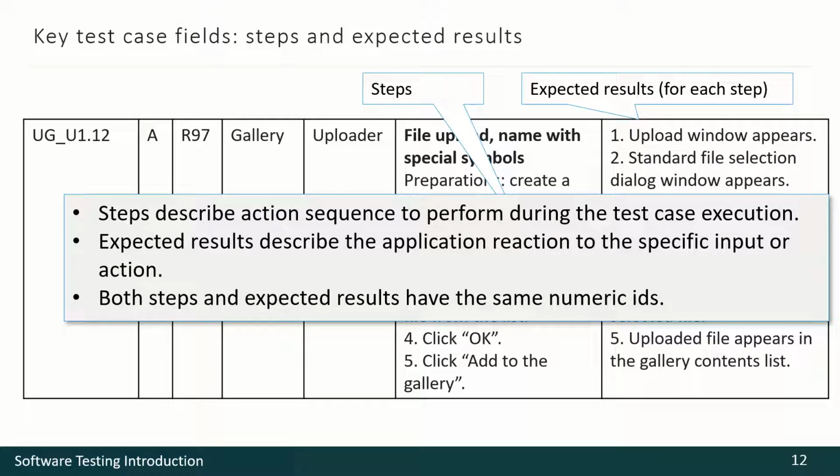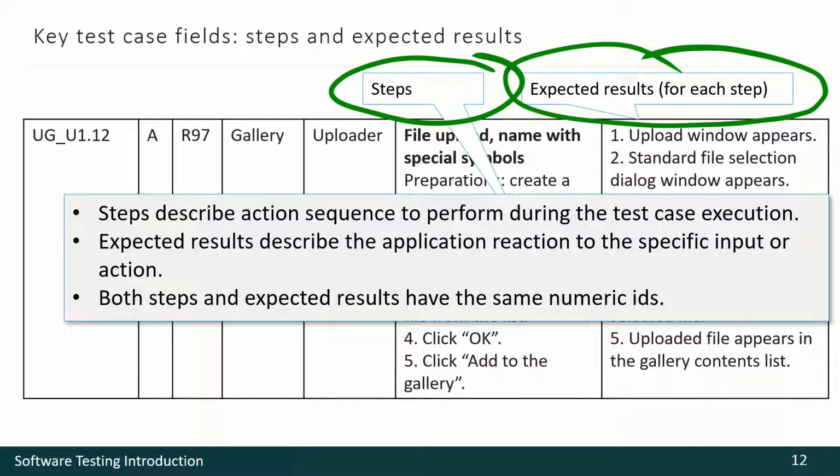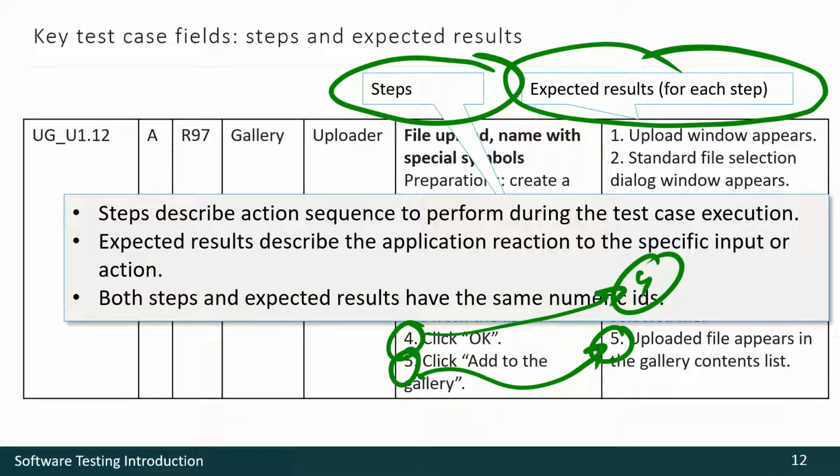The next two sets of data should be described together, steps and expected results. For each step you may see numbers here. For the fifth step there is a fifth expected result. For the fourth step there is, somewhere, you may rewind the video, a fourth expected result, and so on.